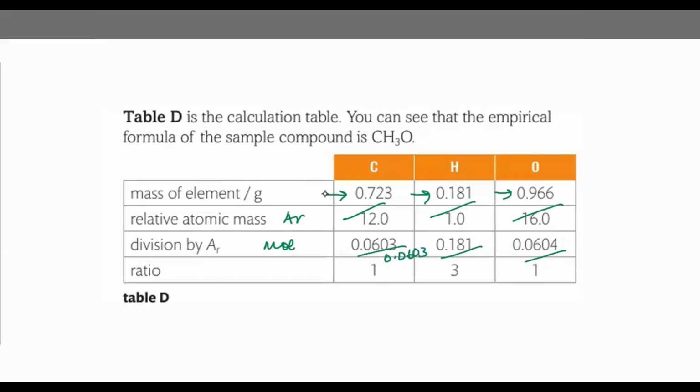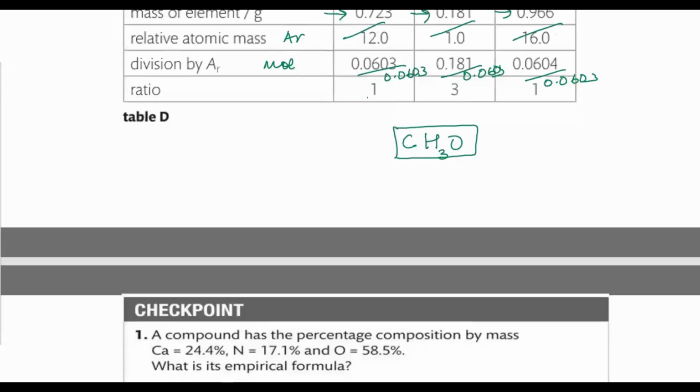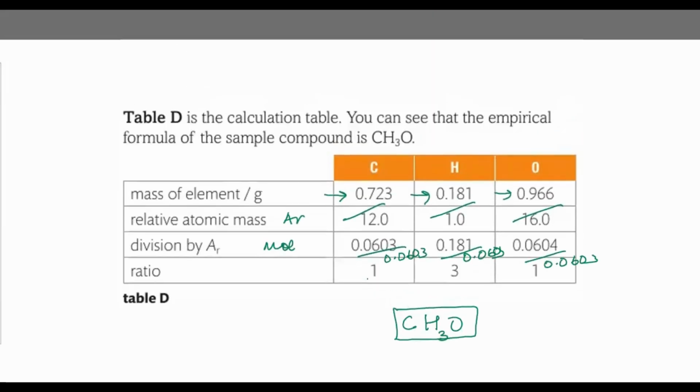So 0.0603 divided by 0.0603, that's the smallest. Same way here as well, and this again by 0.0603, you get the ratio 1 to 3 to 1. So carbon is 1, hydrogen is 3, and oxygen is 1. That is going to be the empirical formula we calculated with the data given to us as the product, as the result of the combustion reaction.